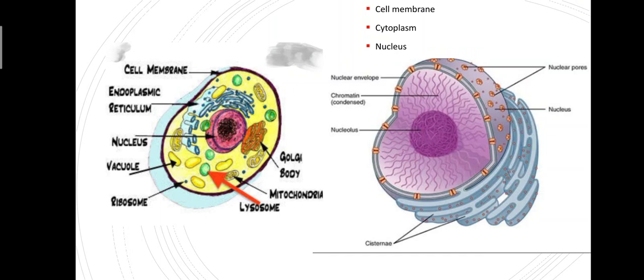Next is the nucleus. As you can see in the first picture, there is a pink colored substance, that is the nucleus, and in the second picture only the diagram of the nucleus is present, the purple colored picture. The nucleus is the most important component of the living cell.